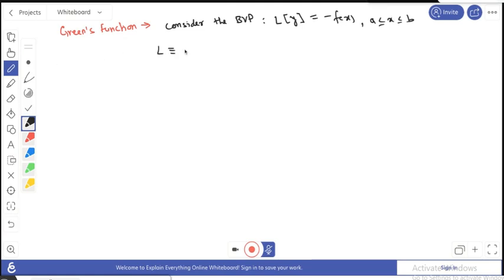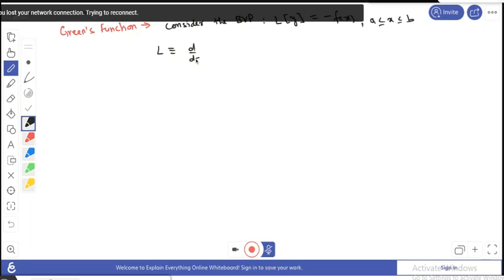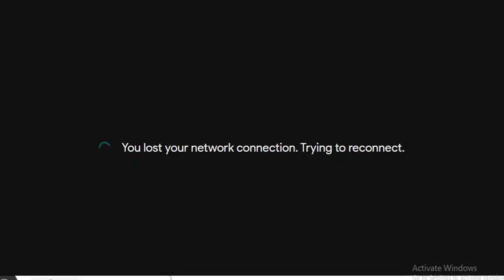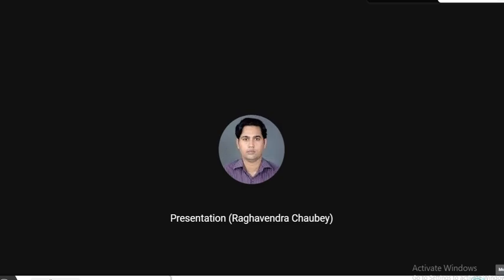You know that L is d over dx. These are homogeneous boundary conditions.